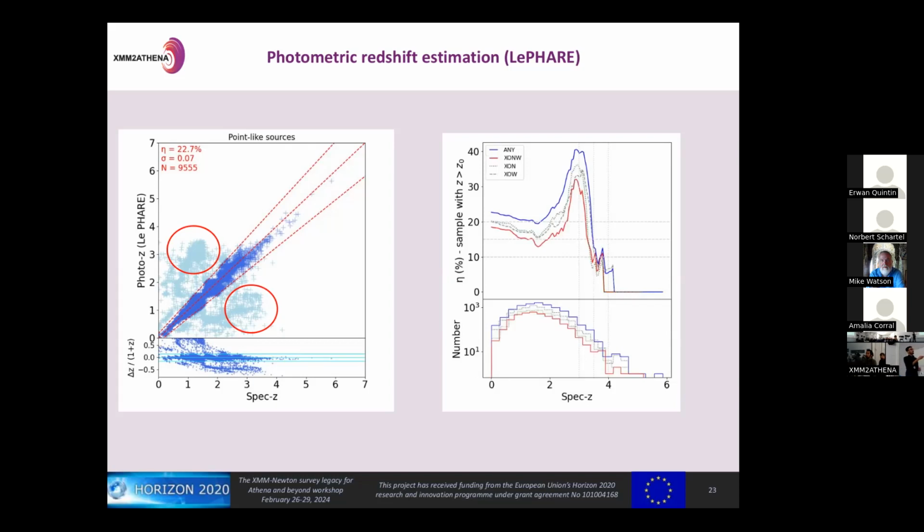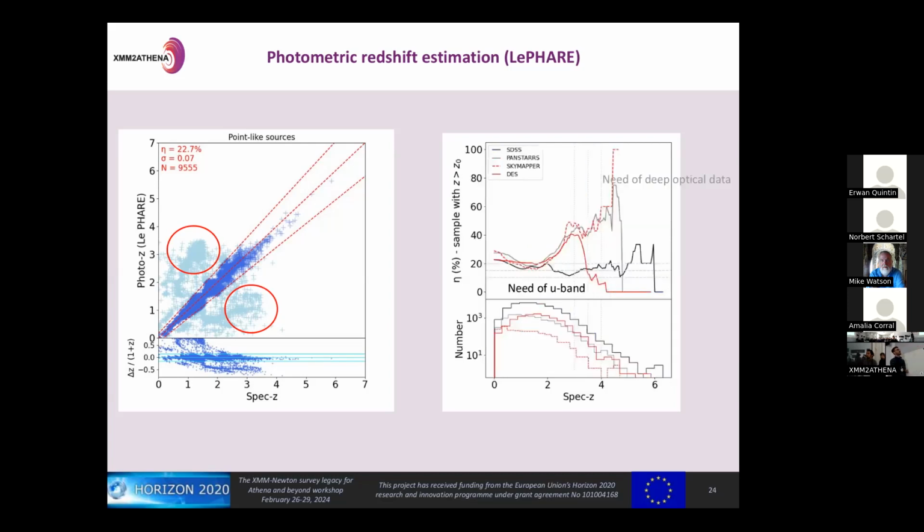But if we see the red line, the bottom one, that one has all the bands available, 10 bands from near optical to mid-infrared, and we can see that we have a lower fraction of outliers, as expected. Above 3.5, the percentage of outliers is again 4%. Above redshift 4, we go to 5%, and it actually diminishes at the end, as you can see here. But this is for the training sample.